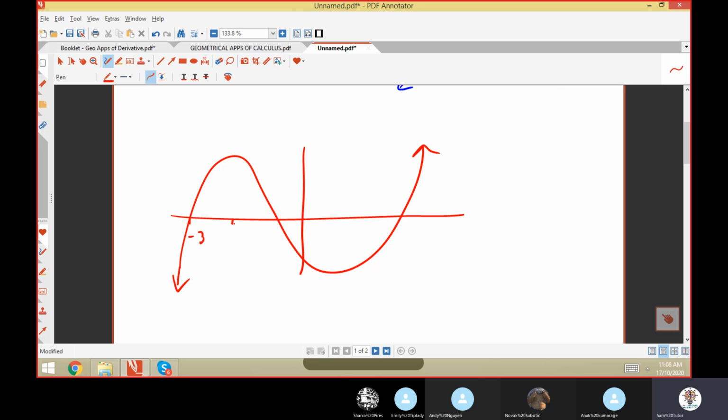Let's write -3, -2, -1, and we'll write a half for the point of inflection, even though it's not here, it's probably here, but we'll just leave it as a half. That's 1, and that is 2. Just making it up, so don't worry if it's not too accurate.